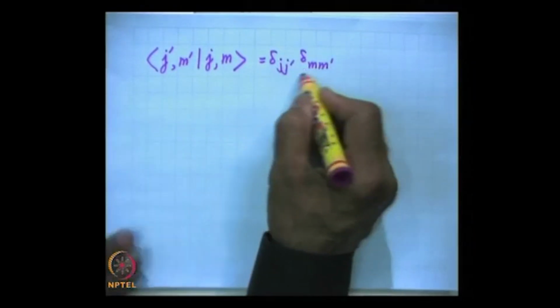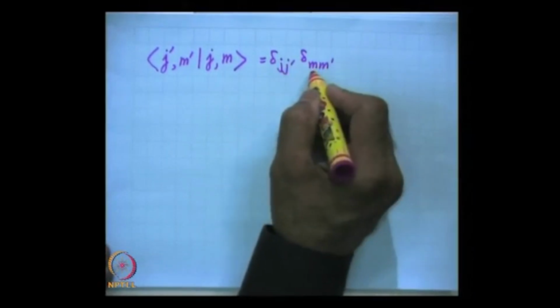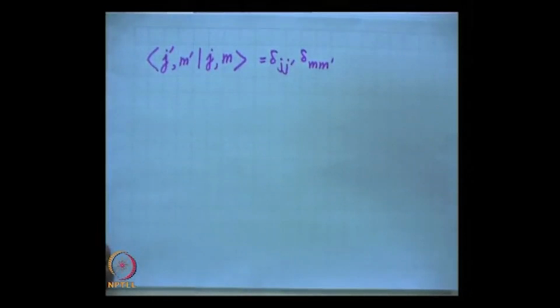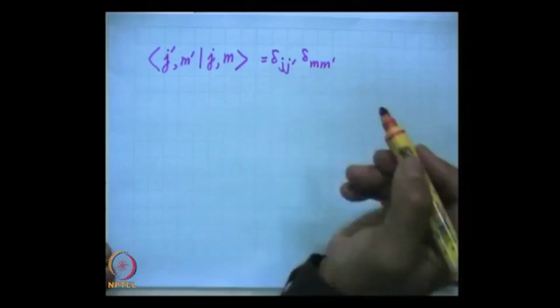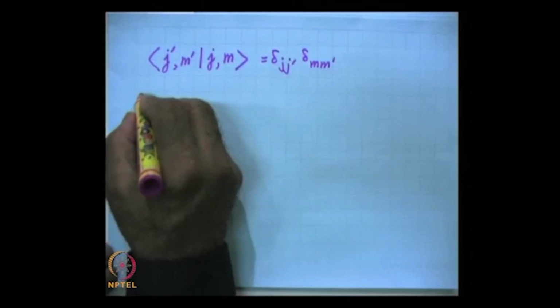That is, this is equal to 0 if j is not equal to j prime or m is not equal to m prime. But if j is equal to j prime and m is equal to m prime, then the value is 1.